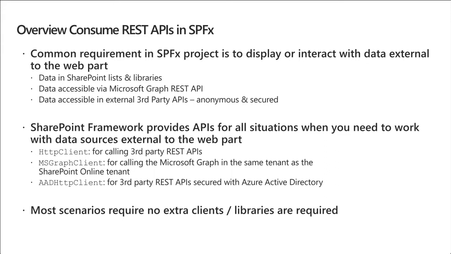You've got the HTTP client, which is great for calling third-party REST APIs. And that's going to cover things like if you have a third-party API that is either anonymous or is secured. So that's going to be great for those situations. The second option that we have, that I don't have listed here, but we cover in another module, in the SharePoint content module, is the SP HTTP client.